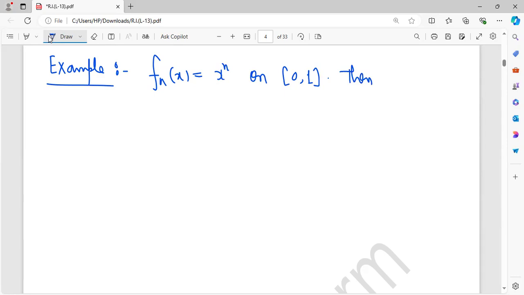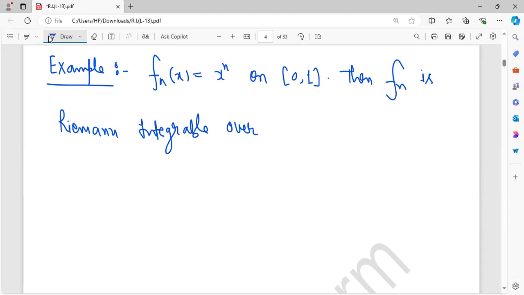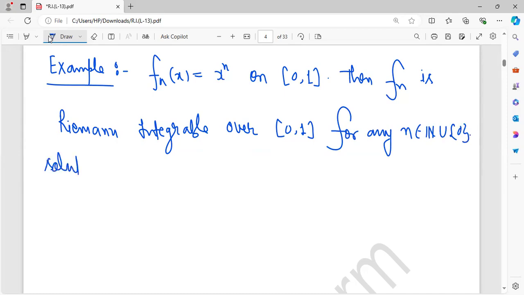Then Fn is Riemann integrable over closed interval [0,1] for any n belongs to natural numbers union 0. Okay. Solution was: Fn(x) = x^n.